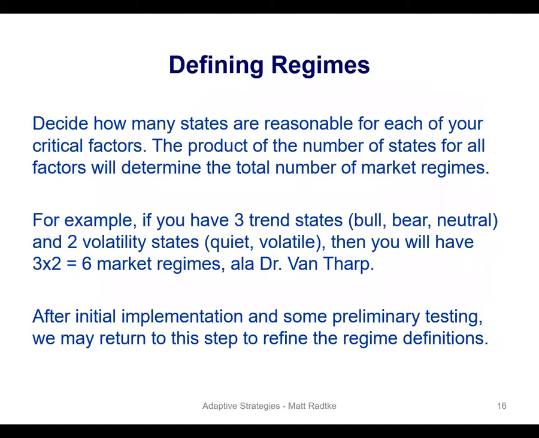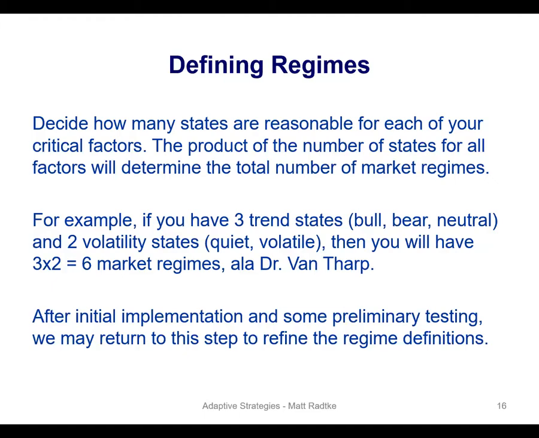And maybe try again means, oh, I just need to tweak the thresholds. Volatility, instead of being in the top 50th percentile or in the bottom 50, maybe that's not a good division. Maybe it's 35 and 65, or maybe it's 80 and 20. Who knows? Your refinement might also be, hey, you know what? I think I need more than 2 volatility states.